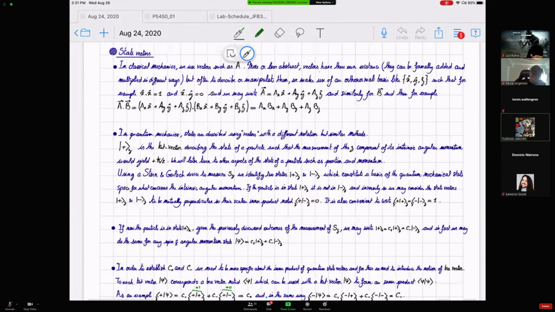And so if we consider one electron, for example, that goes through this Stern and Gerlach apparatus, and that the outcome of the measurement is that the z component of the angular momentum is plus h bar over 2, we are going to write the state of the particle as being plus sub z in a ket, so a vertical line and greater than sign.